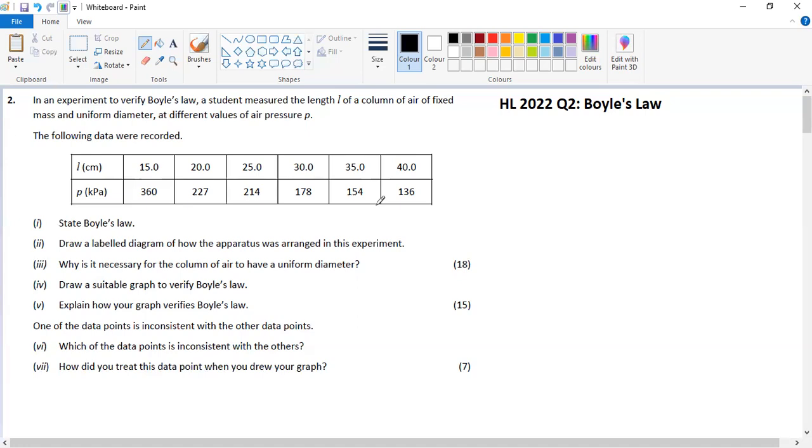Second part, this is a very textbook experiment question. Draw a labelled diagram of how the apparatus was arranged in the experiment. Super. This is all stuff that we hopefully are familiar with from learning our experiments. Third part, and again, I've said this in previous videos, if they're coming in with a why, that's where they're trying to see who's really thinking about it. So why is it necessary for the column of air to have a uniform diameter?